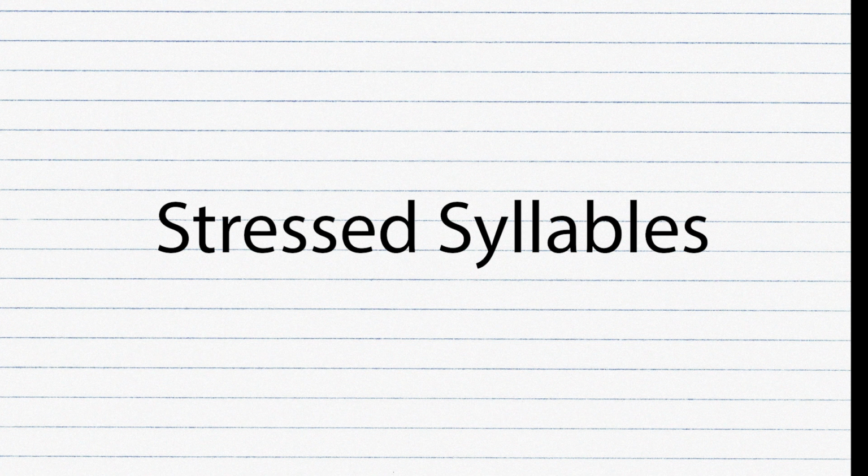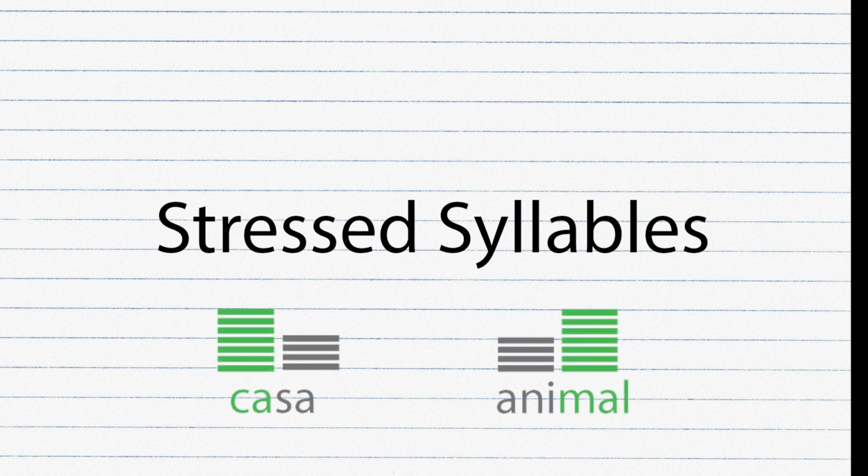Stressed syllables. All Spanish words have at least one stressed syllable. A stressed syllable means that one syllable is louder than the rest. There are two easy rules that we can use to know which syllable has a stress, or which syllable is louder.